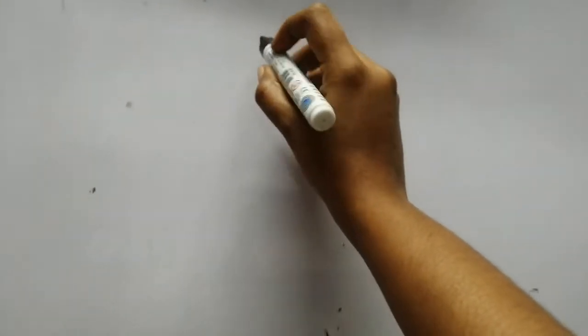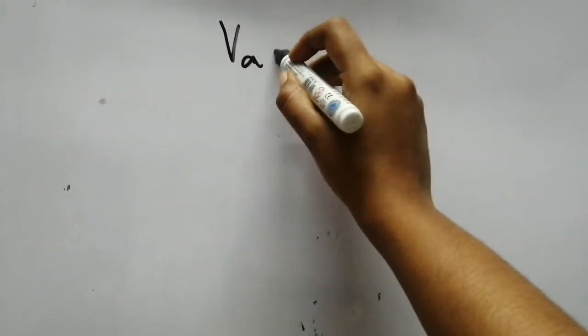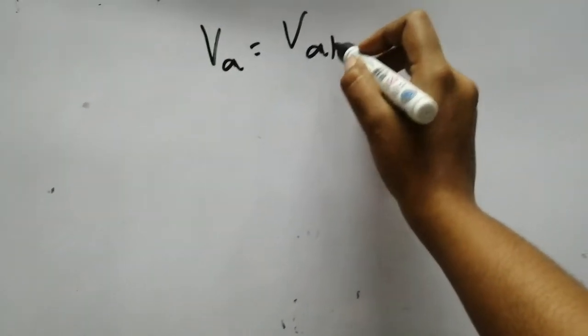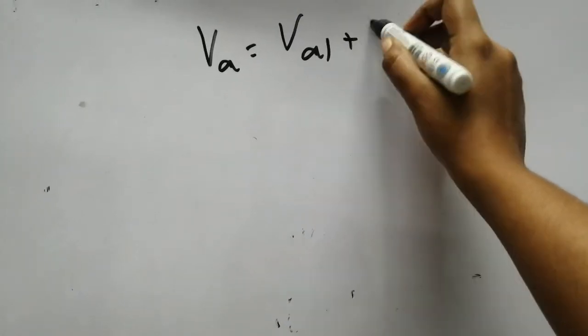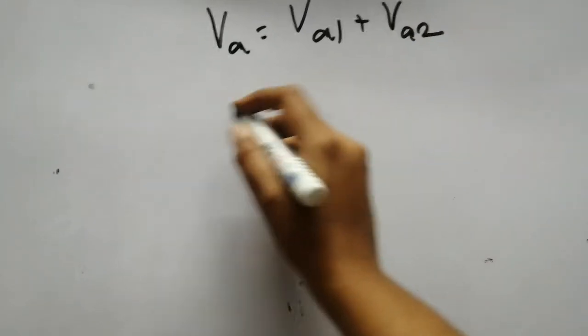So we'll first derive the value of potential at A. It is the potential at A due to charge 1 plus the potential at A due to charge 2.